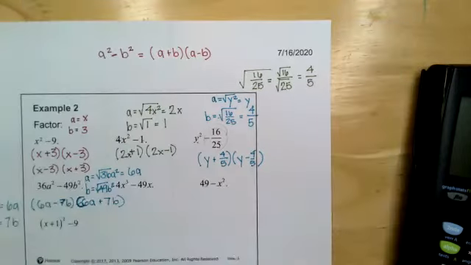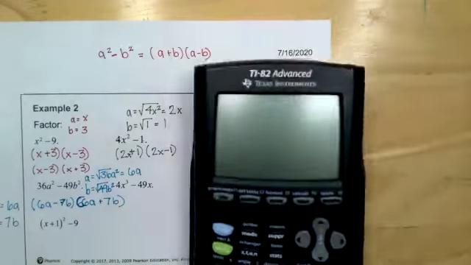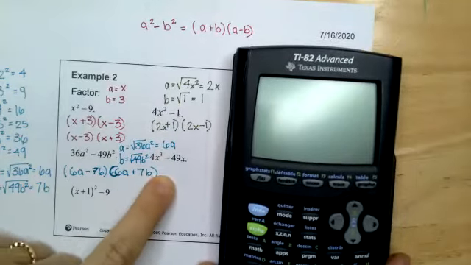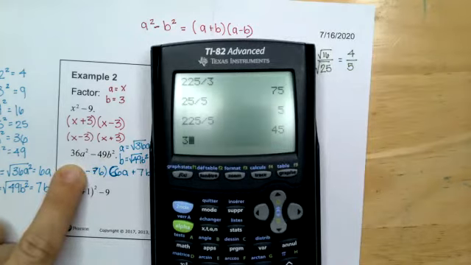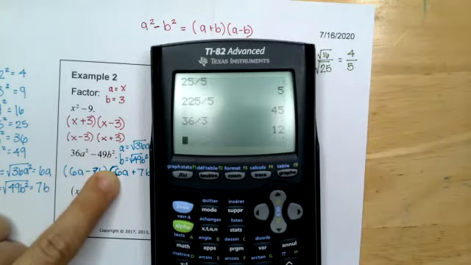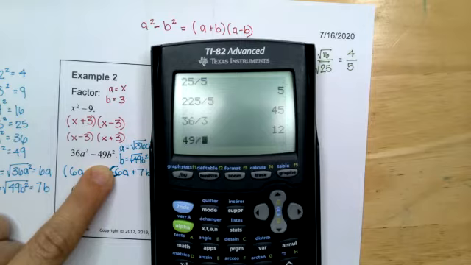Another thing to think about, sometimes you can factor out a common factor. Here, for example, 36 divided by 3 is 12. 49 divided by 3 is not.